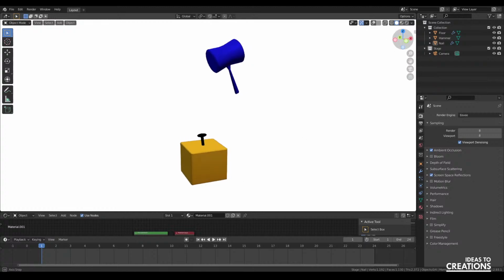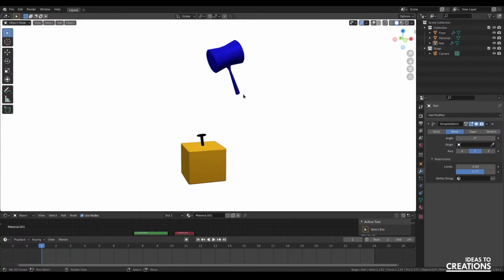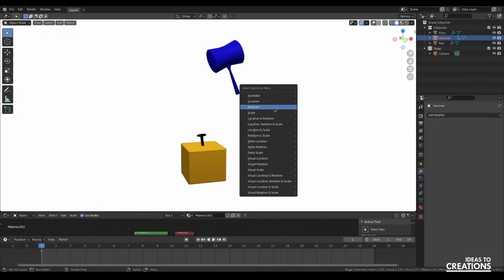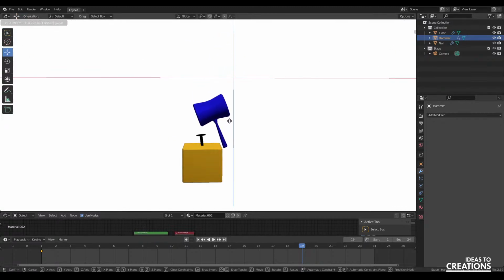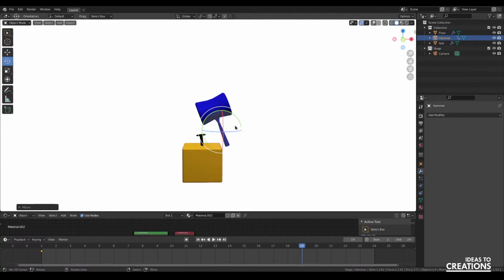So we'll just do the same thing I did before. I'll start at frame 1. I'll grab the nail. Oh no, actually let me do it the way I know I'd do it. So I'd select the hammer, press I, go location and rotation, and then go to frame, let's say 19, and just move this down here, rotate it like this.